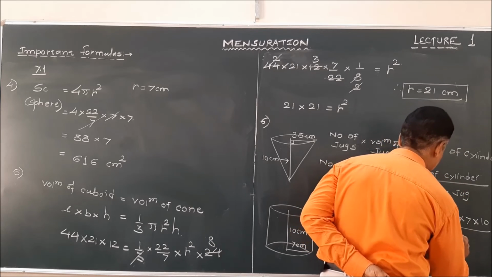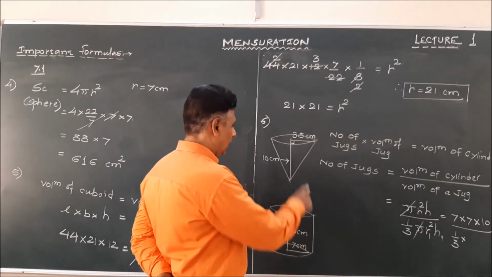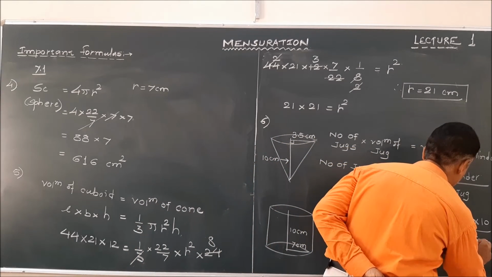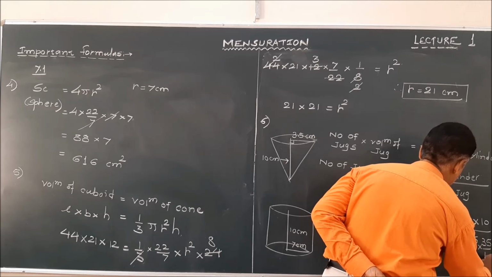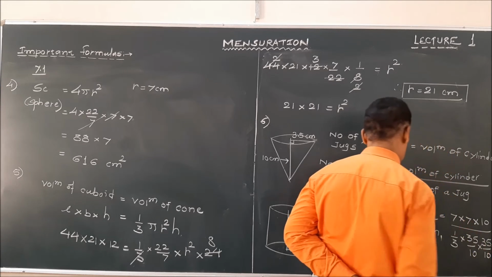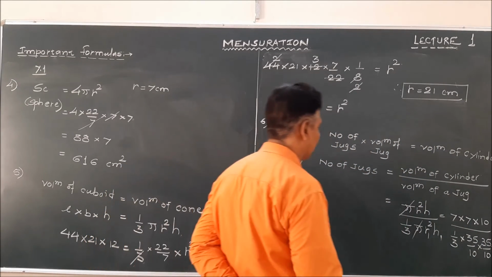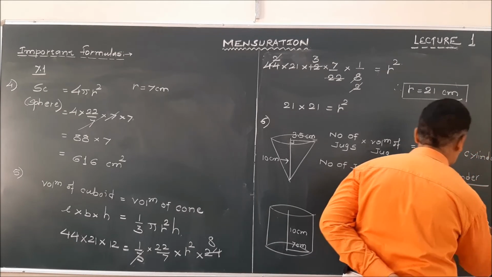1 upon 3 multiplied by radius is 3.5, that is 35 upon 10. 35 upon 10 into 1/3 pi r square h, h is 10. 10 and 10 will get cancelled.